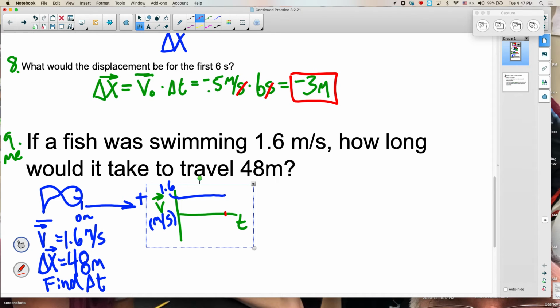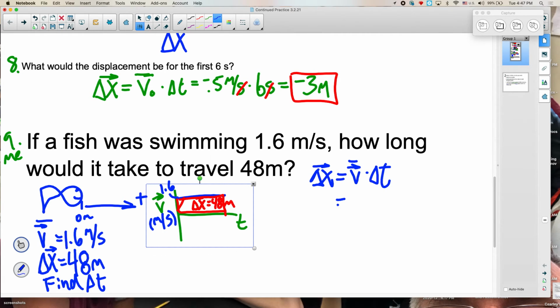We don't know this value over here. However, we do know that the area under this rectangle represents the displacement, which happens to be 48 meters. So if we start with the general equation, the displacement is equal to the average velocity times the change in time.